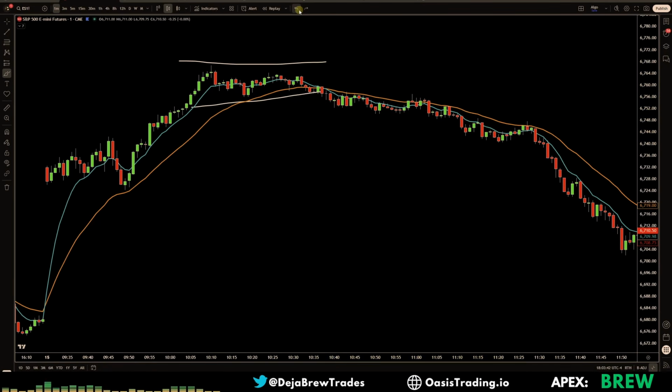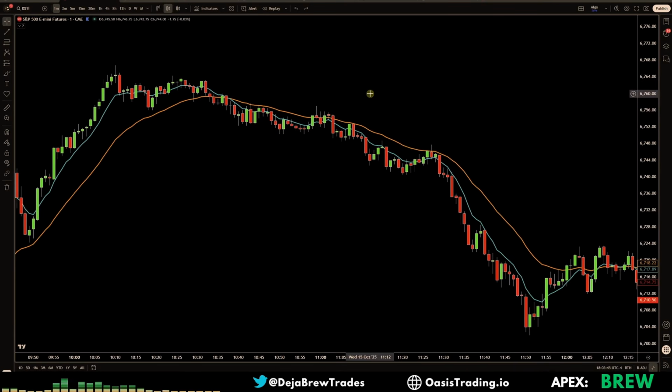And what I mean by responsive is you're not really staying below that 8 MA the entire time. You are constantly pulling back to that more responsive level, that 24 EMA.